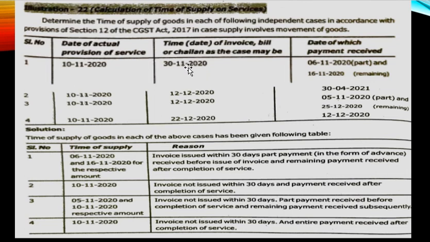Whether 30th November 2020 is earlier or 6th November 2020 is earlier, 6th November is earlier. So we will be considering 6th November for the first payment. For the second payment, as it is within 30 days, the service rendered and the date of issue of invoice are within 30 days. We will be taking the invoice date and the date at which the payment was received as per the conditions.